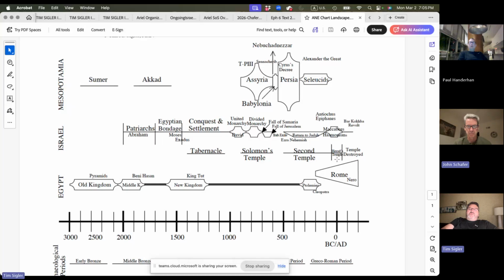So we would also note that this rise of the Roman Empire and the time of Herod the Great and his beautification process, by the way, lasted well after his death.